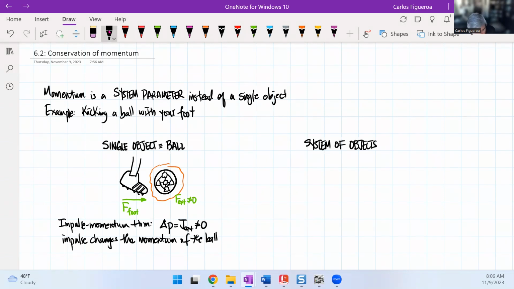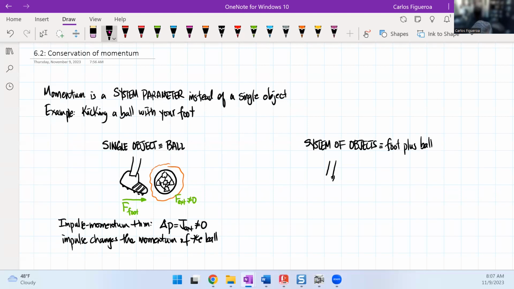And what do I mean by a system of objects? What I see here is that I'm envisioning the foot plus the ball. That's my system.